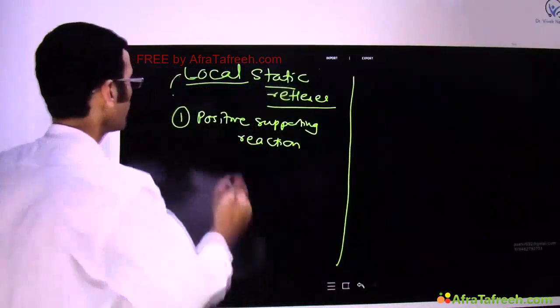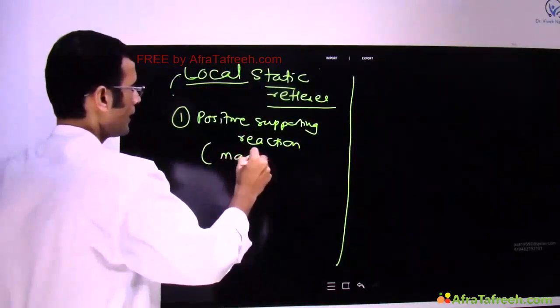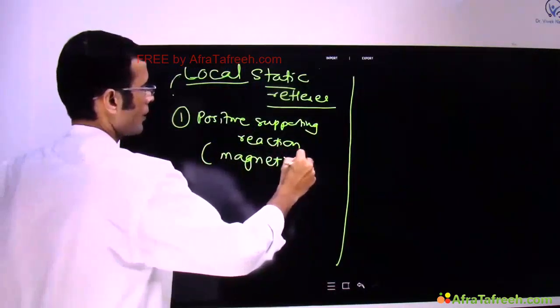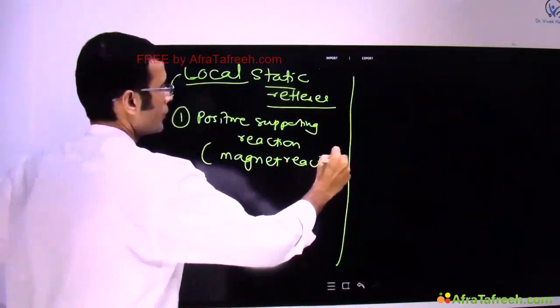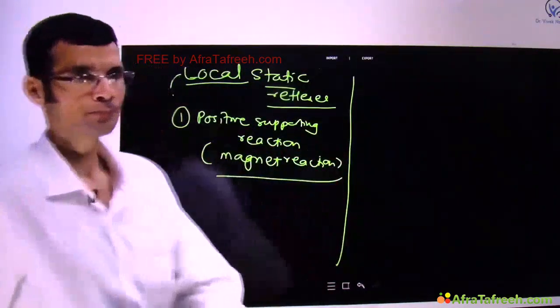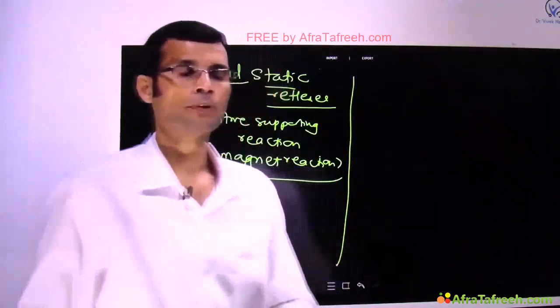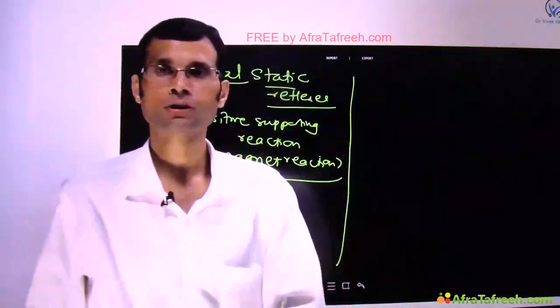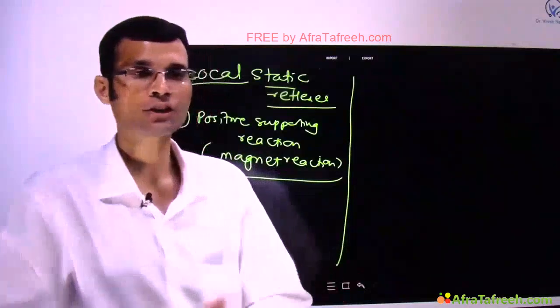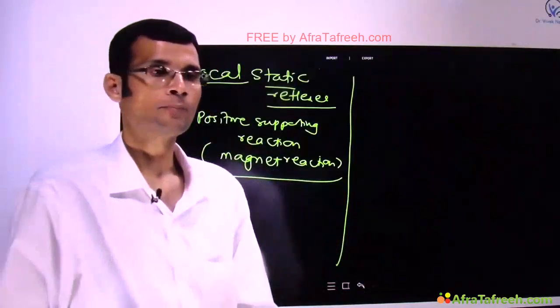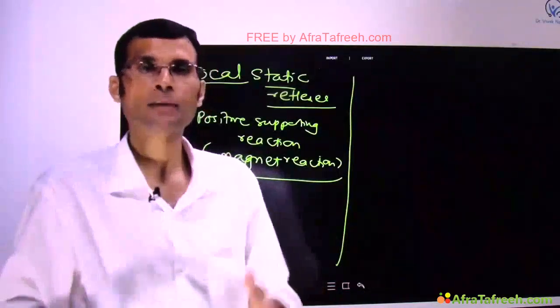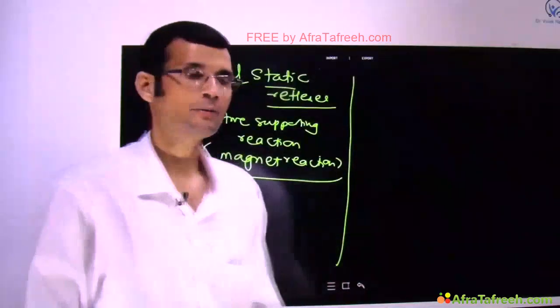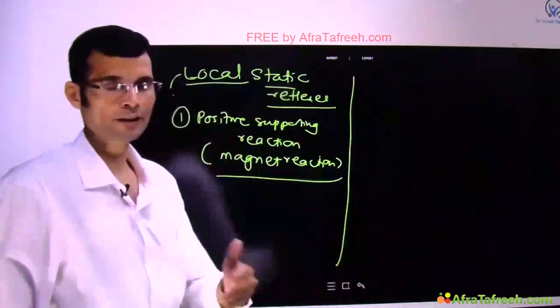A positive supporting reaction, also called the magnet reaction. Stimulate the sole of the foot. Go on stimulating the sole of the foot and you see extension of the limb. The limb becomes a rigid pillar to support the body weight. This is called the positive supporting reaction.